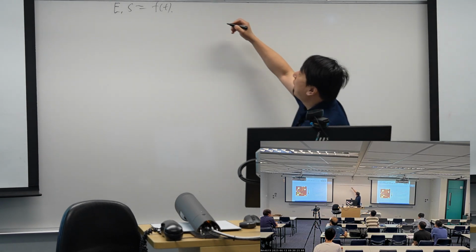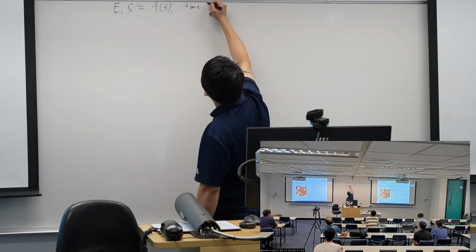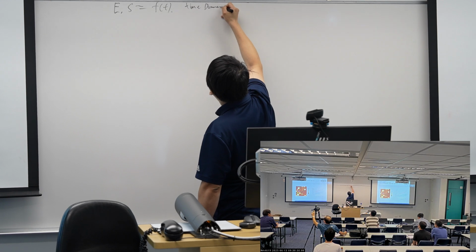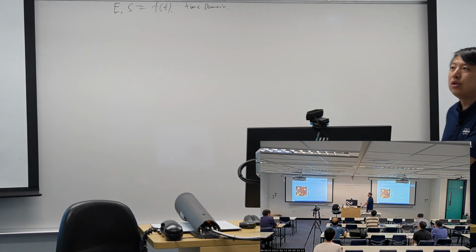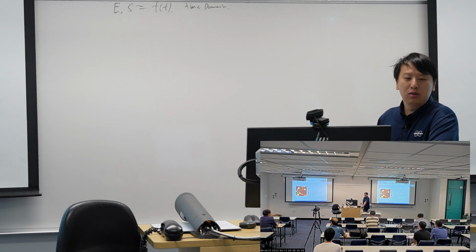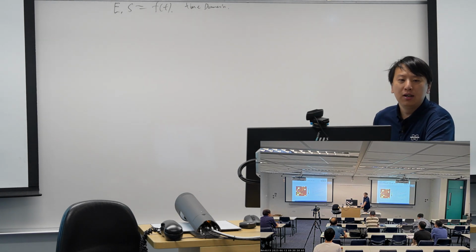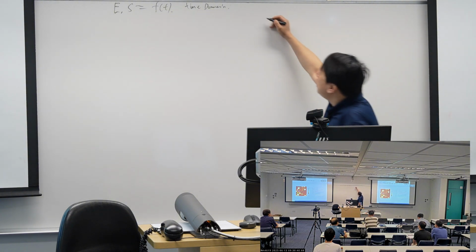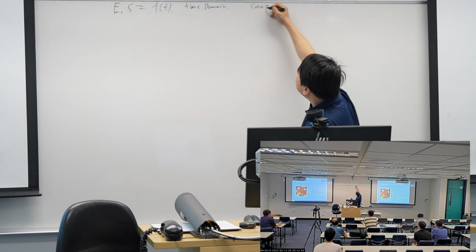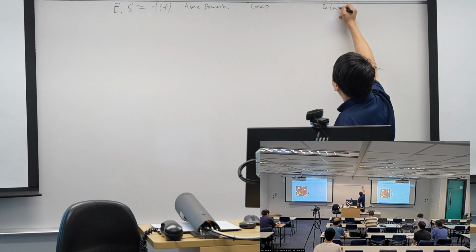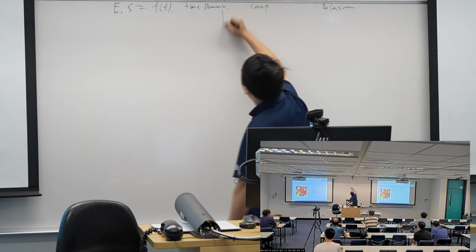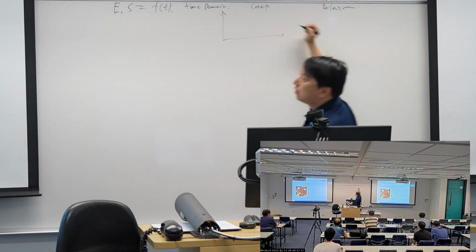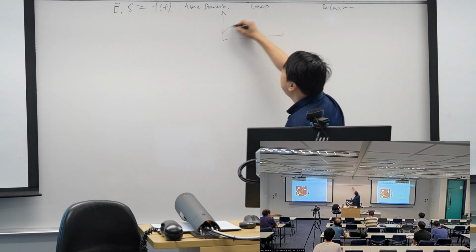So we have a time domain technique, and this time domain technique is used to describe the two phenomena people observed in the experiment, which is creep and relaxation.